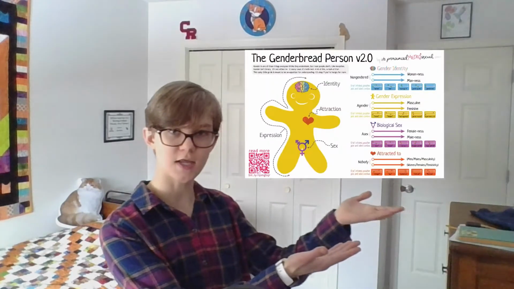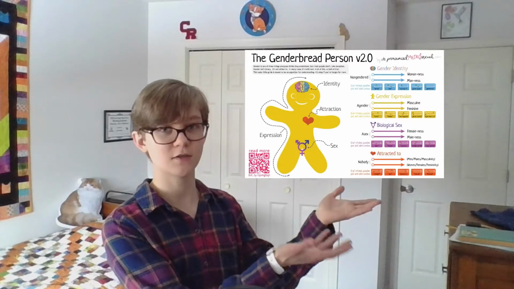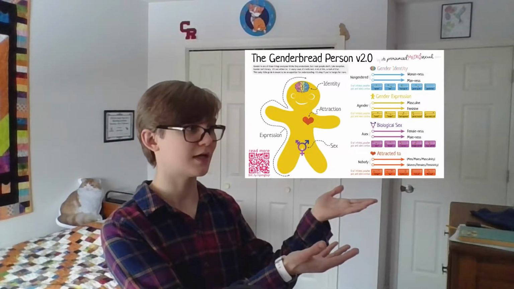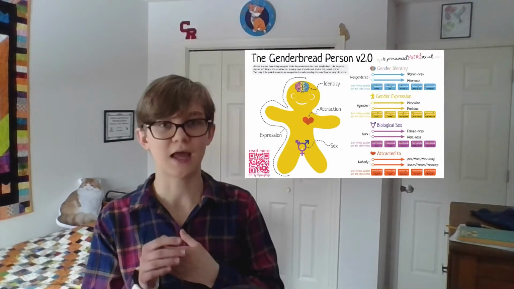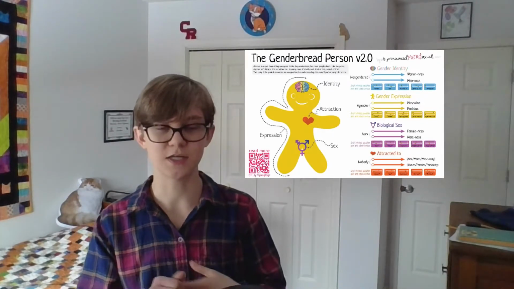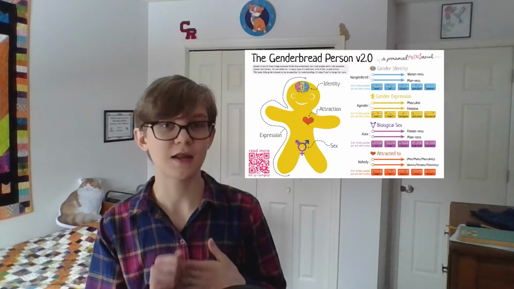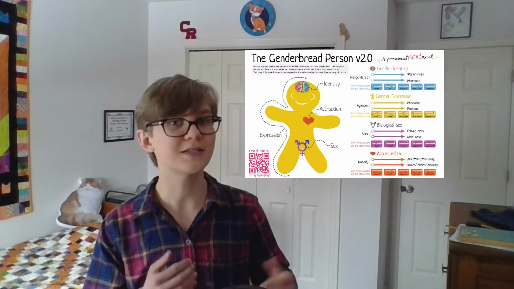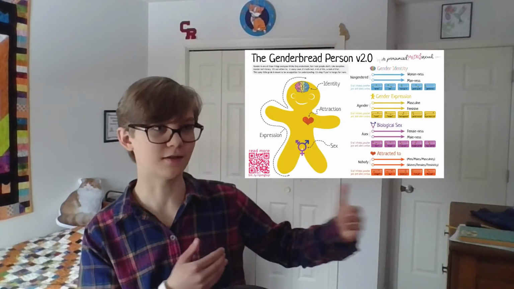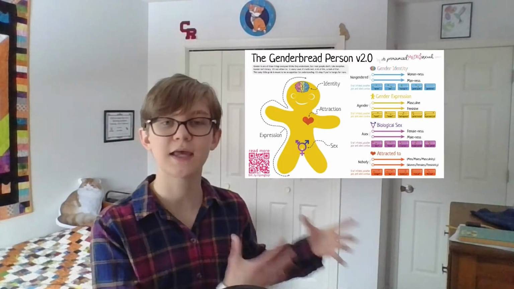And a good way to look at this, or to visualize it, is with a genderbread person, which I'll just put right here. So basically you can see here that there are different scales showing sex, gender identity, gender expression, and even romantic or sexual orientation. And you can see that it is a line, an arrow, and a scale.